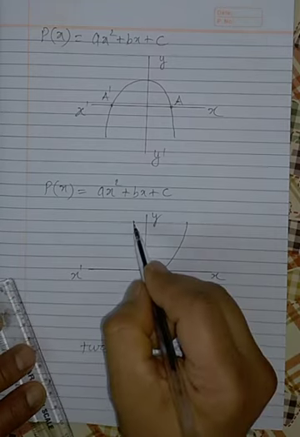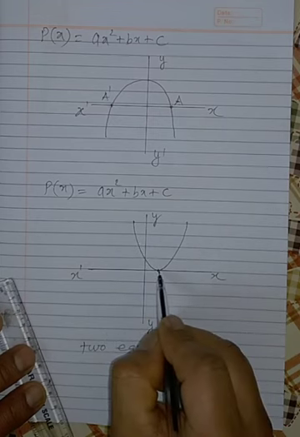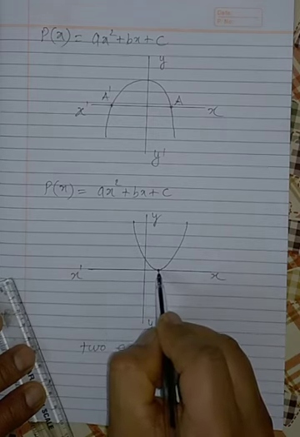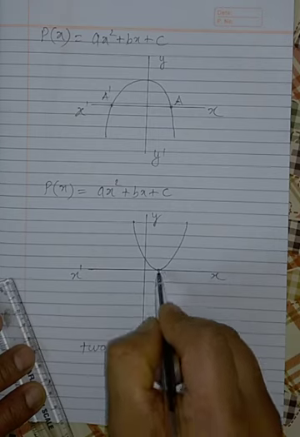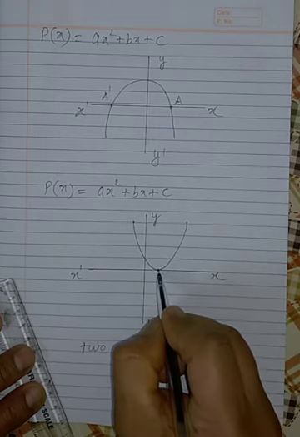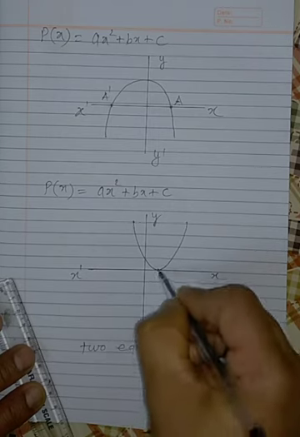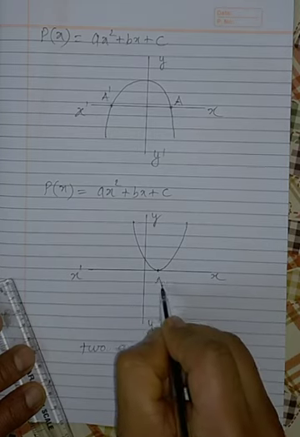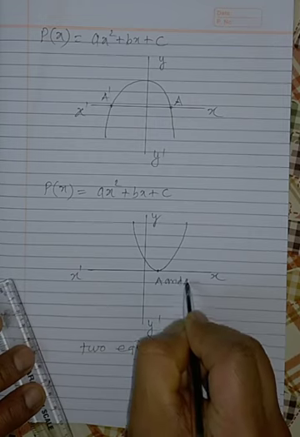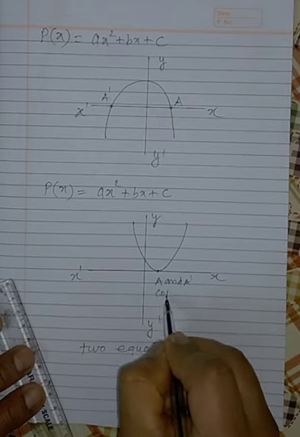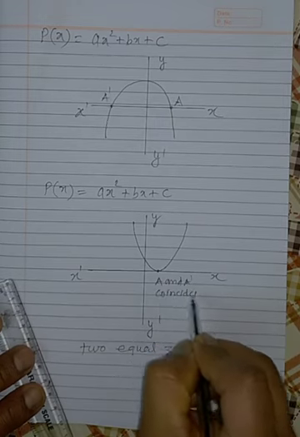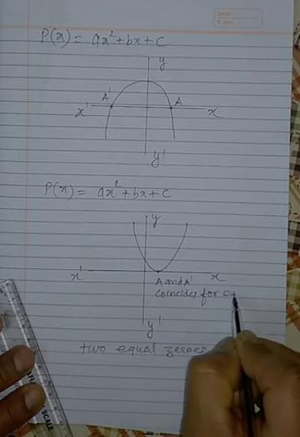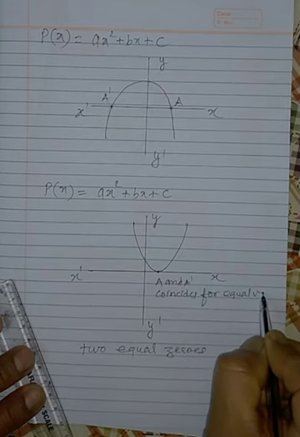So wherever we have a parabola touching the x-axis, at the point of contact, it represents the two equal zeros. So here A and A dash coincide for equal values.